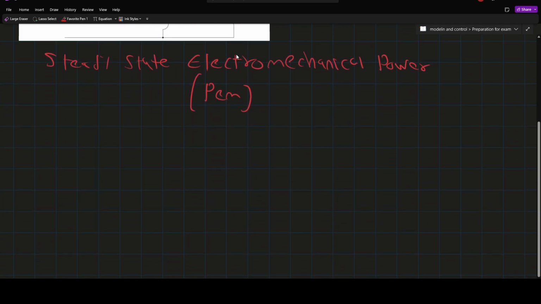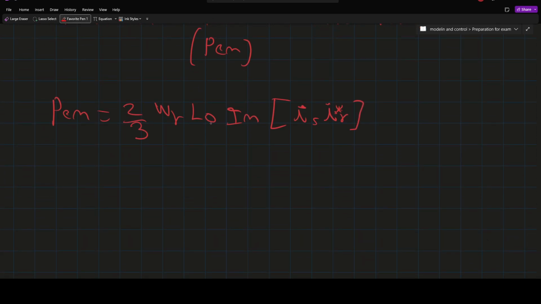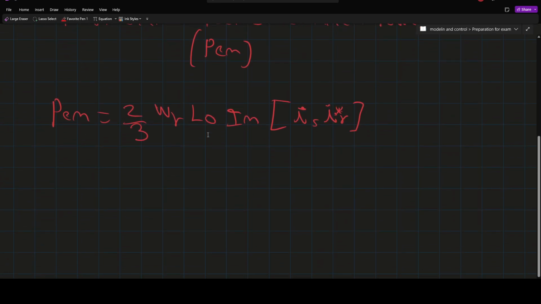Now, apart from how we found the electromechanical power in our other model, we have omega r L naught times the imaginary part of is times ir conjugated, isr conjugated, I'm sorry. So this was what we figured out for our vector state model.